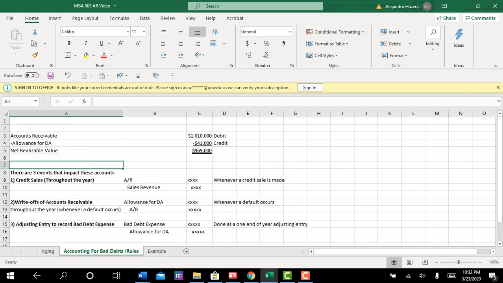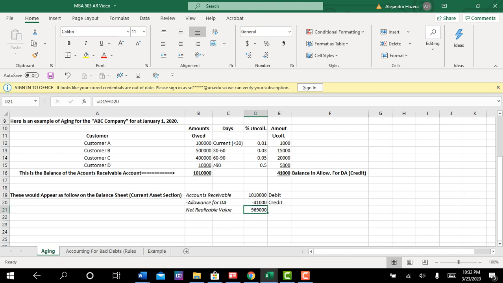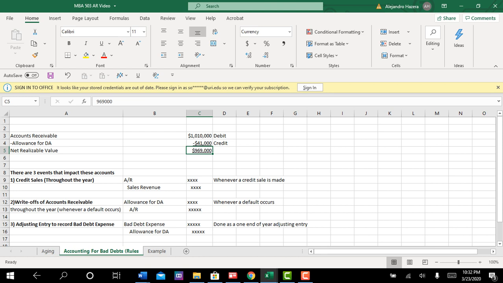But this right here is the same accounts that I had on the previous page. So these are the ending point for this worksheet and the starting point for this worksheet. I don't think we really need them here, but I'm just sort of using it as a way to keep your mind on it, let's say.